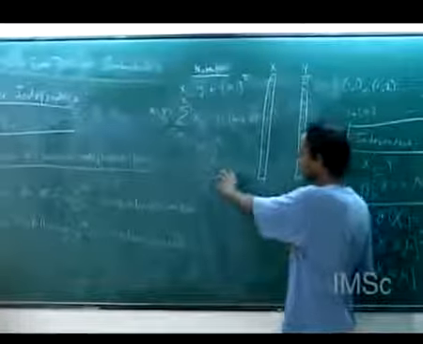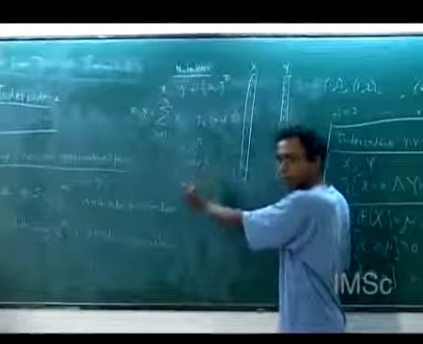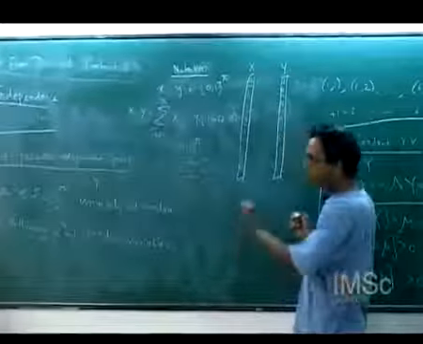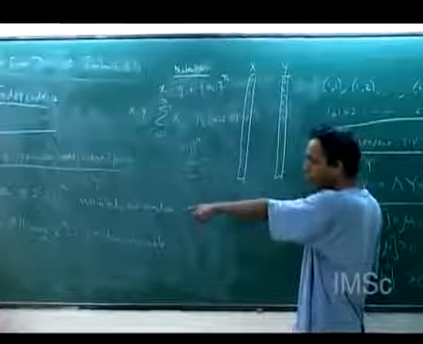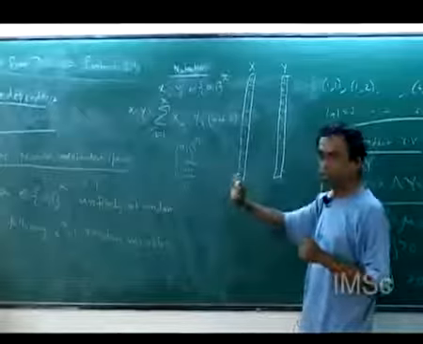If you delete the first one, there are 2 power r minus 1 different bit strings, and for every bit string I am going to define a random variable. That's why I have written 2 power r minus 1 random variables. You don't take the first one, which is all 0.